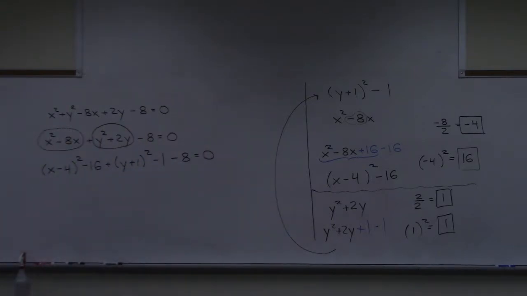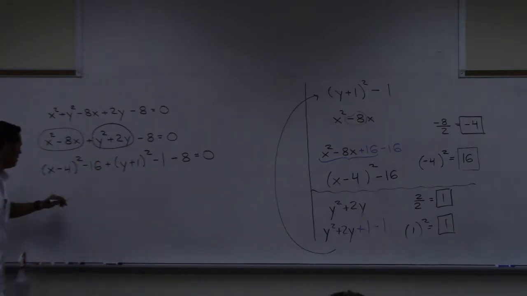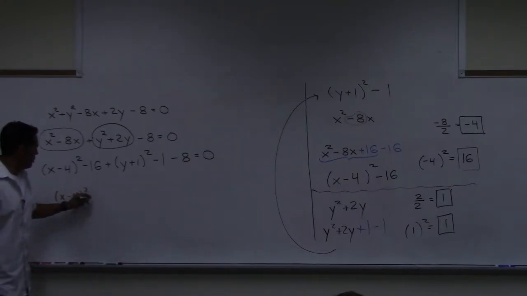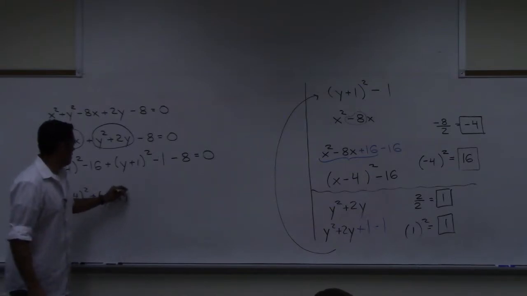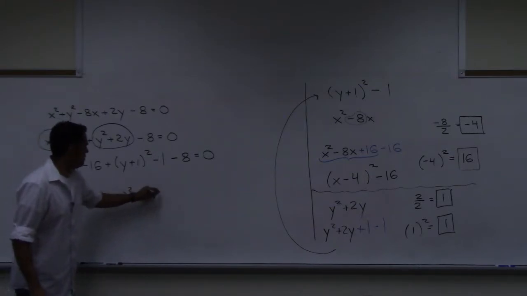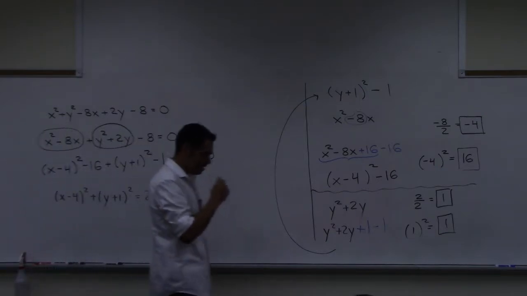Now get all my constants and let's move them all to the other side. So take that, take that, take that, move them all over there, and we should get what we had started with originally, was it 25? Okay. And from that you can easily see what the center and the radius is.